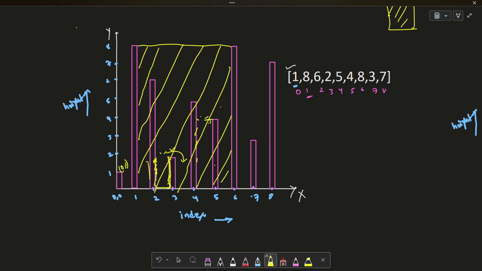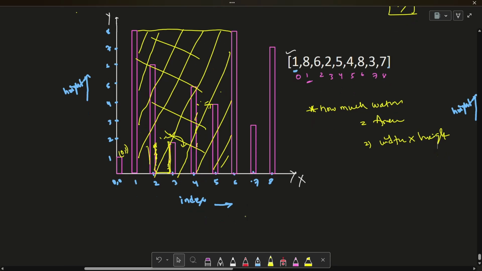To find that out, you can see this is a rectangle, and if we are able to find the area, this is the area, right? If we find the area, then you can easily get how much water it will hold. How much water means the area, width into height.